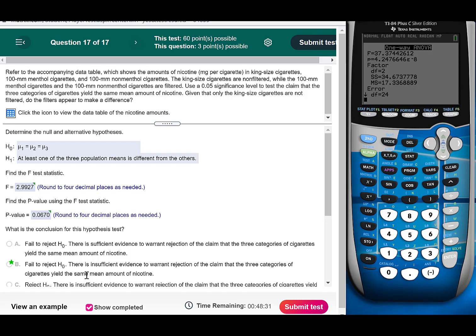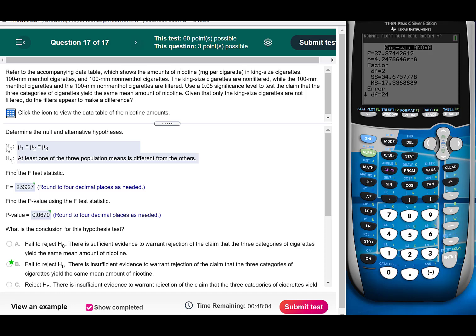In conclusion, guys, if the claim is in HO and you reject HO, here's how you write your conclusion. You say there is enough evidence to reject the claim. If the claim is in HO and you fail to reject HO, you say there is not enough evidence to reject the claim. So you don't use the word support. Now, if the claim is in H1 and you reject HO, you say there is enough evidence to support the claim.